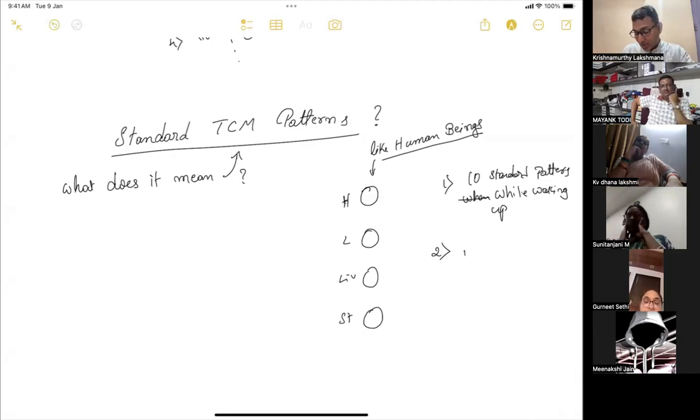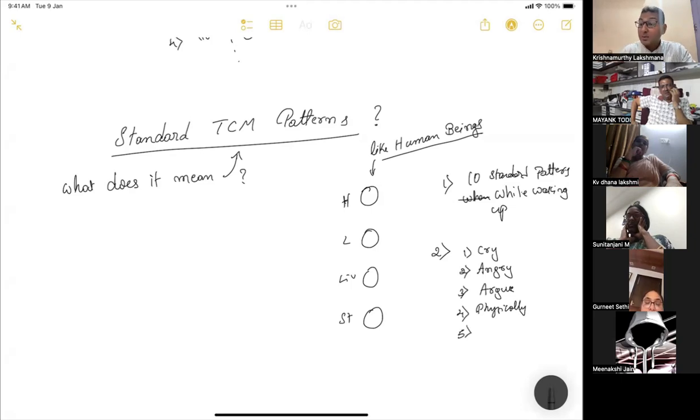Either you will cry, or you will be angry, or you will argue, or physically abuse that person who is scolding you, or make sarcastic expressions on the face, or just walk out.